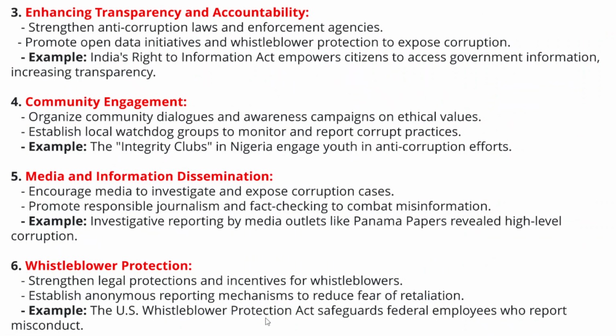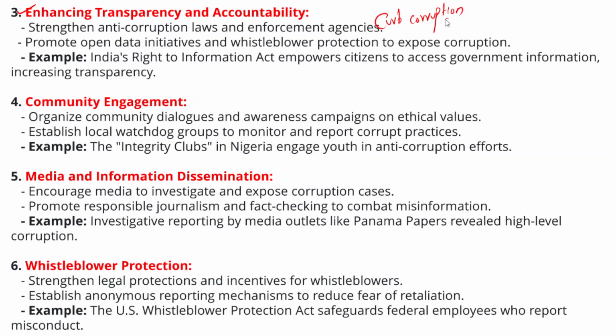After that, we should also discuss enhancing transparency and accountability, not just of individuals but also of civil servants, politicians, and business individuals. When we improve transparency and accountability, that prevents corruption.